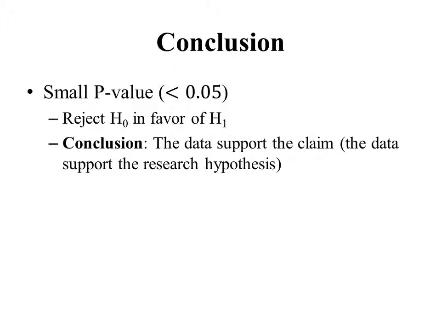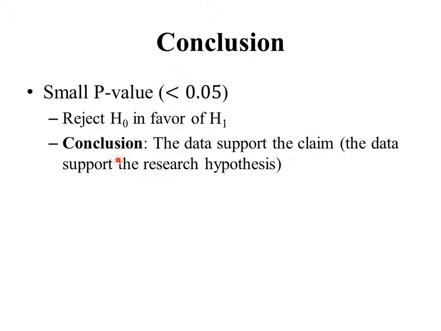So let's just kind of summarize how we state our conclusion in all these different hypothesis tests. So we look at this number called the p-value, and if that p-value is small, meaning less than 0.05, then we reject the null hypothesis in favor of the alternative.